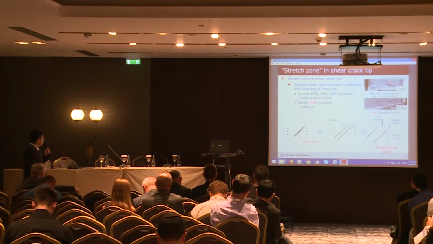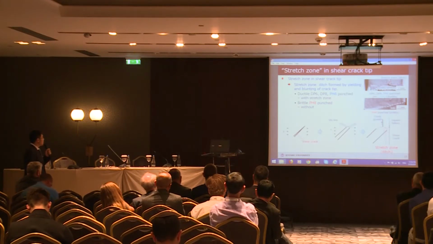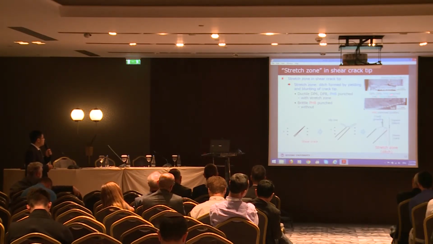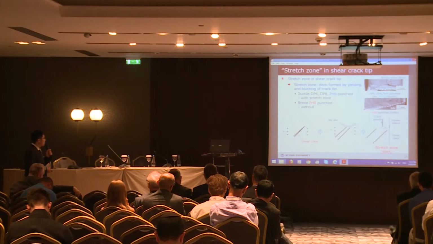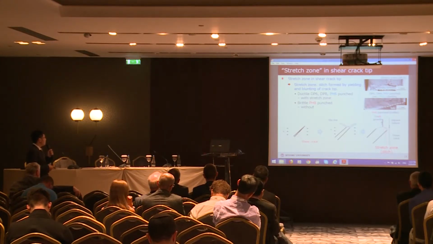And then I want to introduce the stretch zone in the shear crack tip. The stretch zone is a ditch formed by yielding and blunting of the crack tip. In these pictures, we can see that in DP6, DP8, PH6 punched specimen failure surfaces, there is a stretch zone between the shear crack and the square failure area, and there is no stretch zone in PH8 punched material.